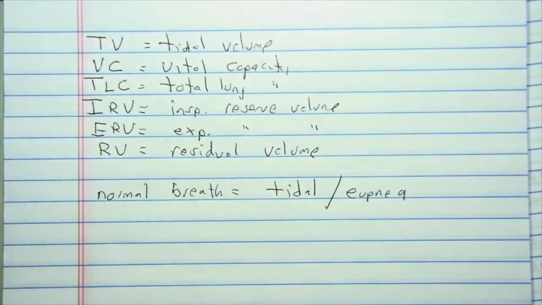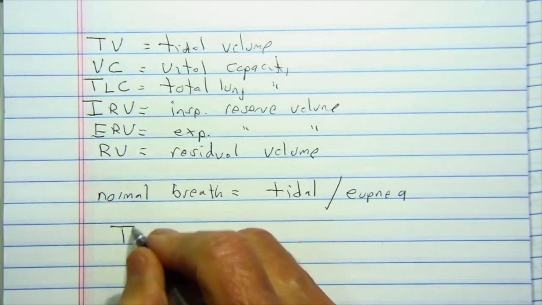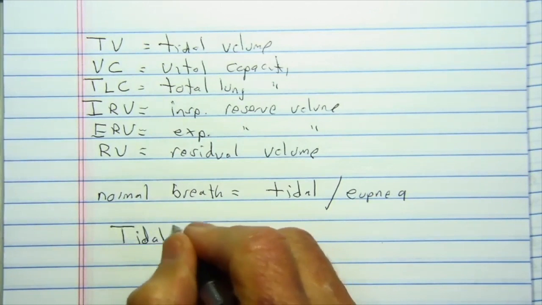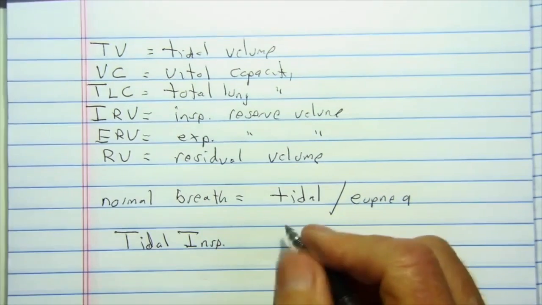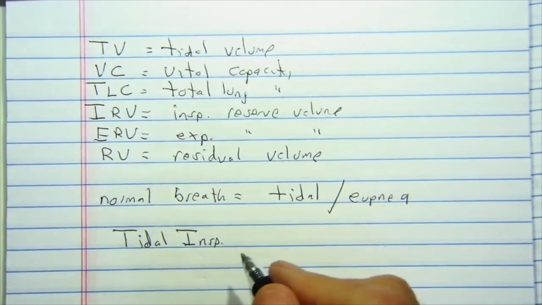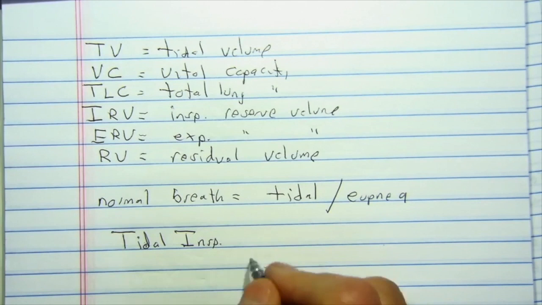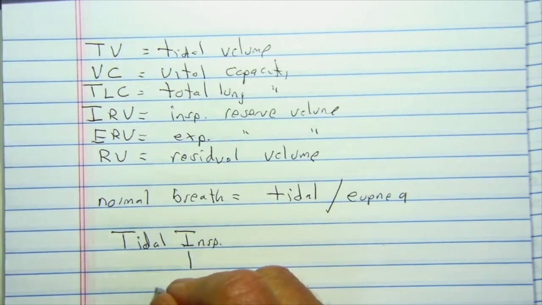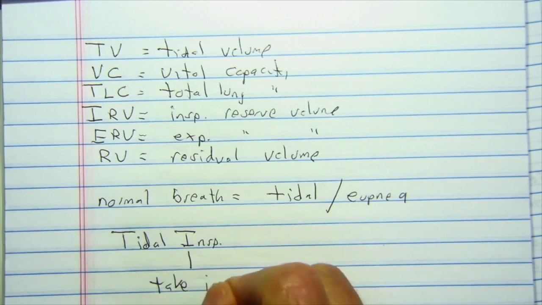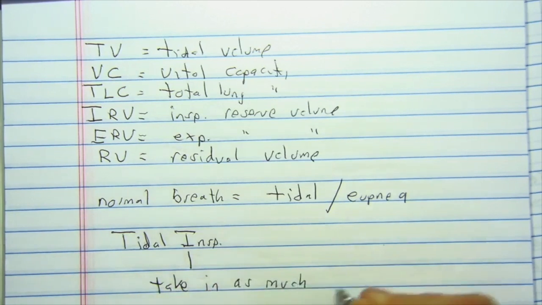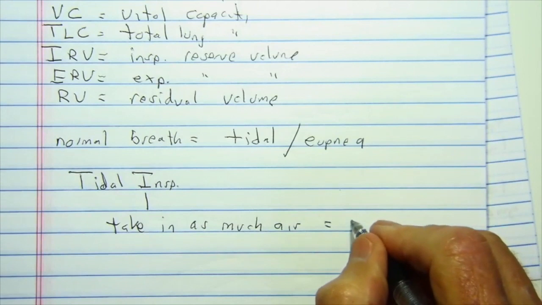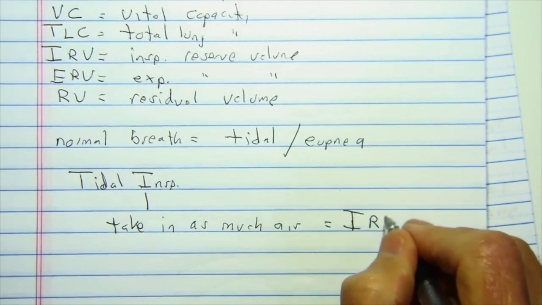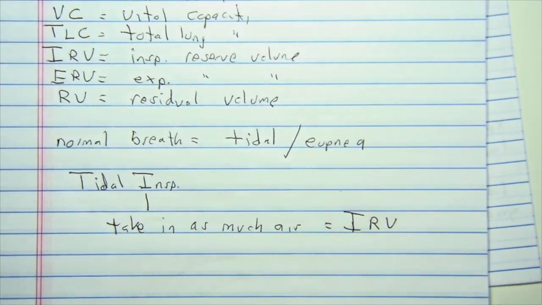If I take a tidal inspiration, or a normal inspiration, as I'm doing right now, and then say I want to take in as much air as I can to fill my lungs up, and force myself to take in more, that's going to be an IRV, an inspiratory reserve volume: how much air I can fill my lungs with after a tidal inspiration.